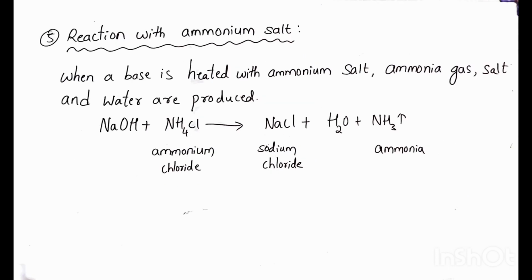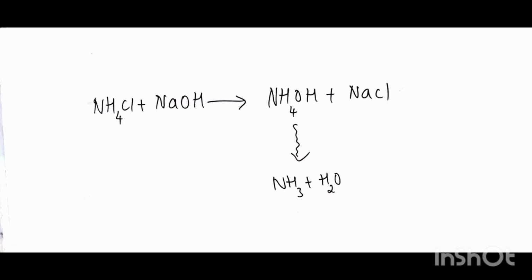The next type of reaction is the reaction of base with ammonium salt. When base is made to react with ammonium salt, ammonia gas, salt and water are produced. See here, sodium hydroxide reacts with ammonium chloride to form sodium chloride, water and ammonia. Actually, this reaction proceeds like this.